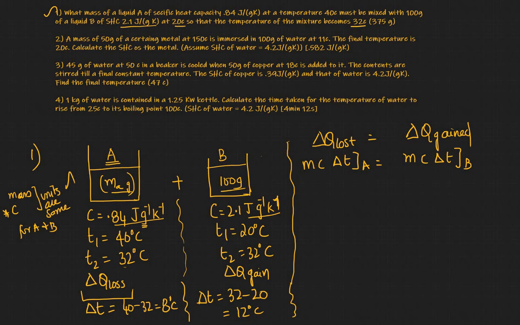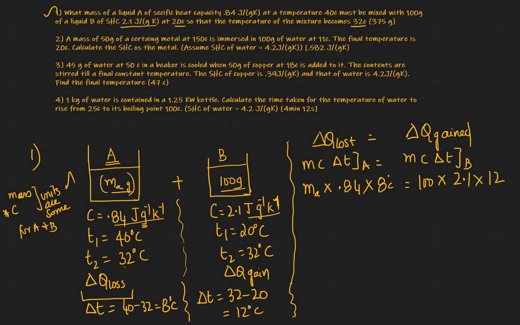So let's now translate. We don't know the mass. Specific heat is 0.84 into delta T for A, 8 degrees Celsius, and that's equal to the mass for B, 100 grams, into C, 2.1 joules per gram per Kelvin, into 12.